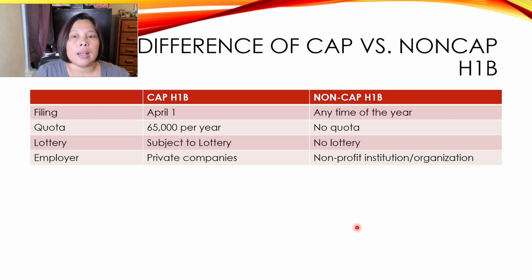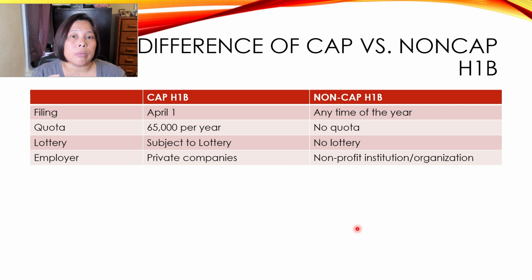There's no quota for the non-cap H1B. Historically, there will be 400,000, 500,000 applications, so that's why they resort to a lottery system. If you don't get picked this year, try again next year. There's no lottery for the non-cap H1B.